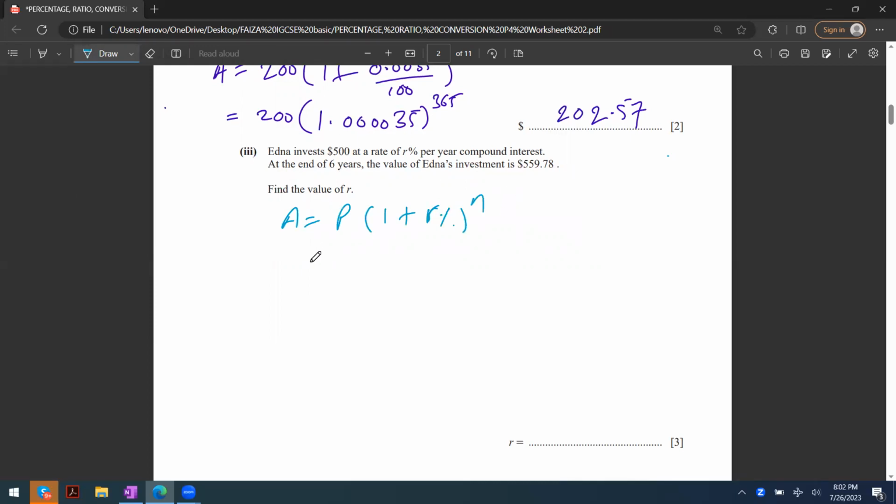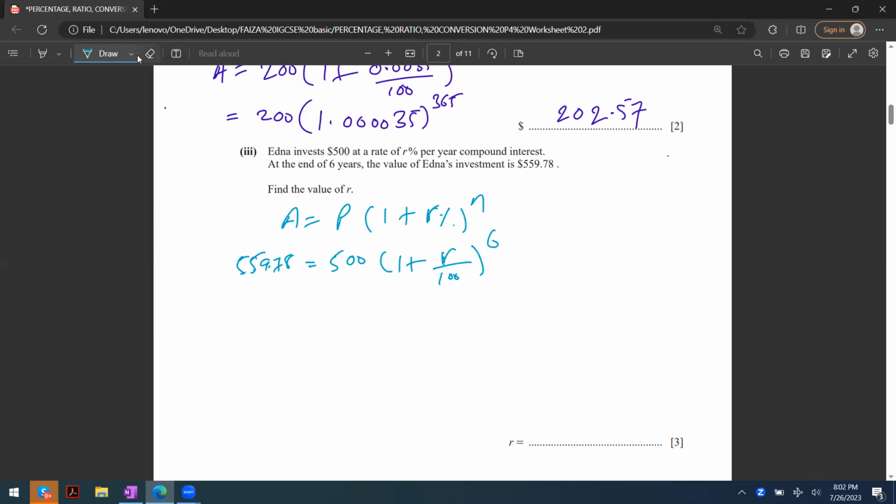Invest 500, so that means principal is 500. At the end of 6 years, she's getting 559.78. So the amount is 559.78 equals 500 times 1 plus R over 100, raised to 6. So basically, you need to find R now.